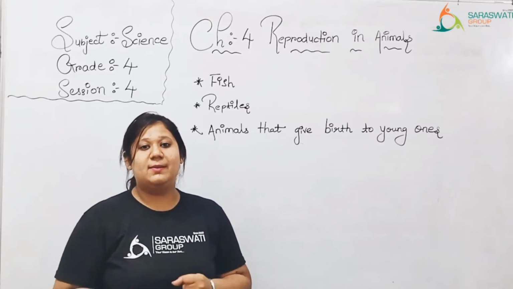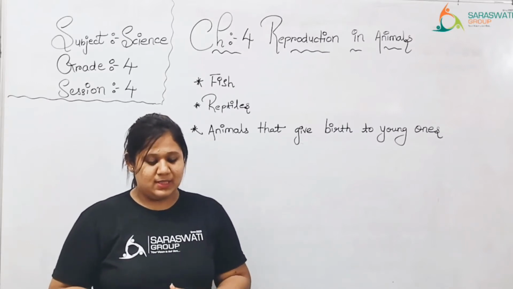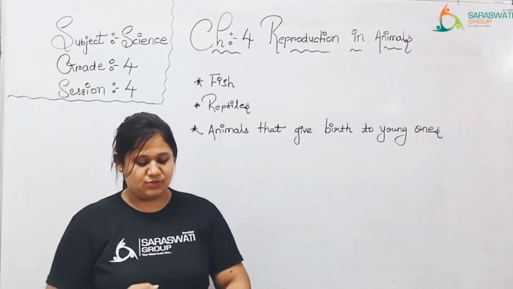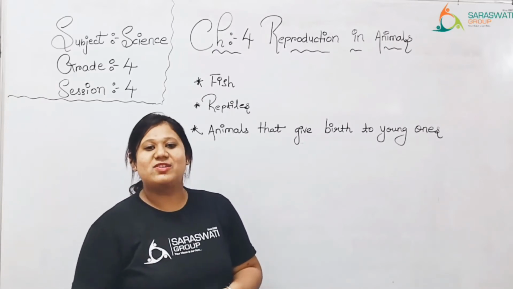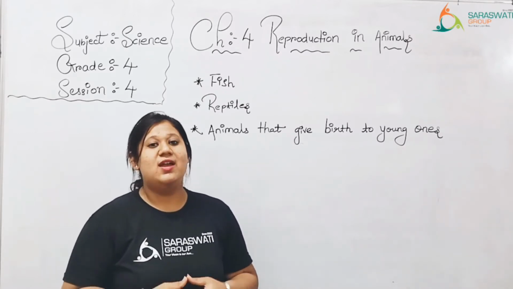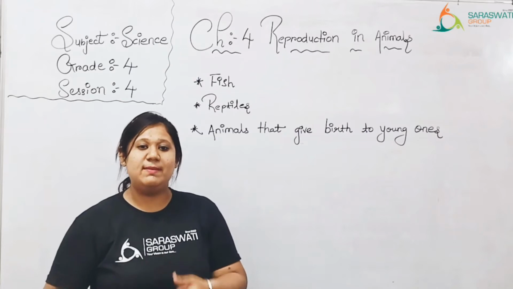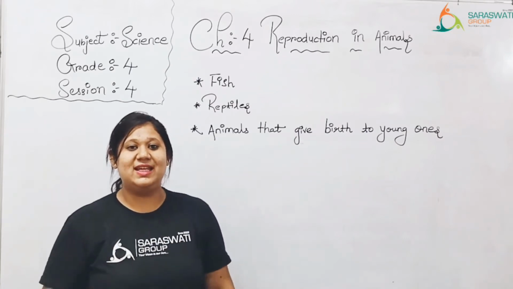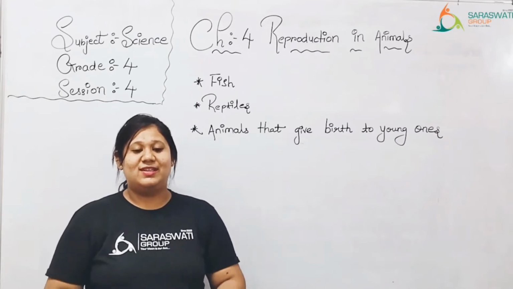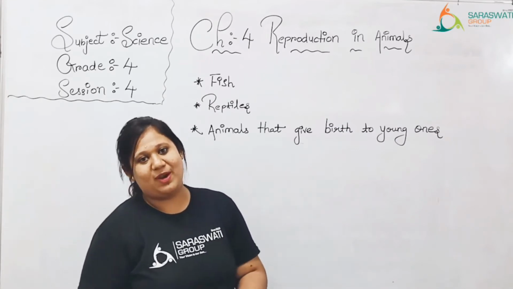Then about reproduction: the process by which any living organism produces young ones of its own kind is called reproduction. एक living organism जो होते हैं वो अपने जैसे ही बच्चे को reproduce करते हैं, birth देते हैं, that kind of thing is called reproduction.